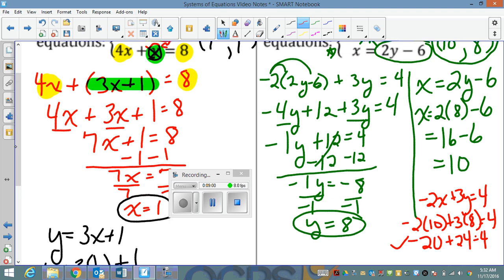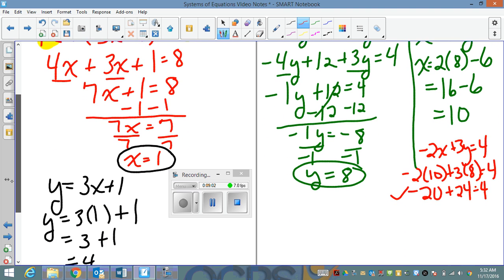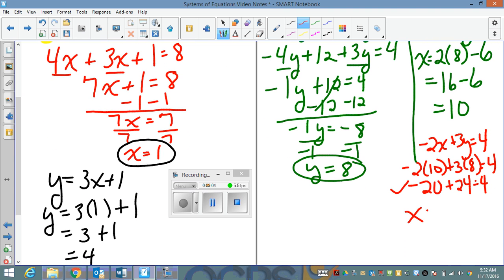And if I do x equals 2y minus 6, and I plug 10 in for x and 8 in for y, I also get a true statement.